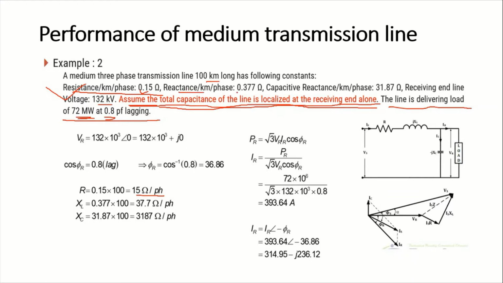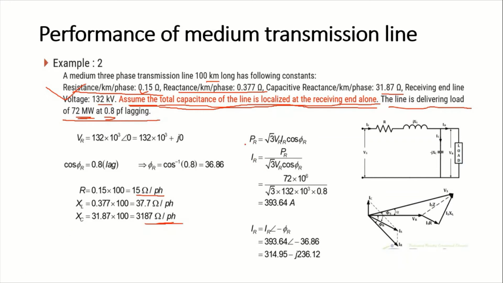Similarly, for the reactance per kilometer per phase XL, we also multiply by the length of the line: 0.377 into 100 is 37.7 ohm per phase. And XC is given as 31.87 ohm per phase.